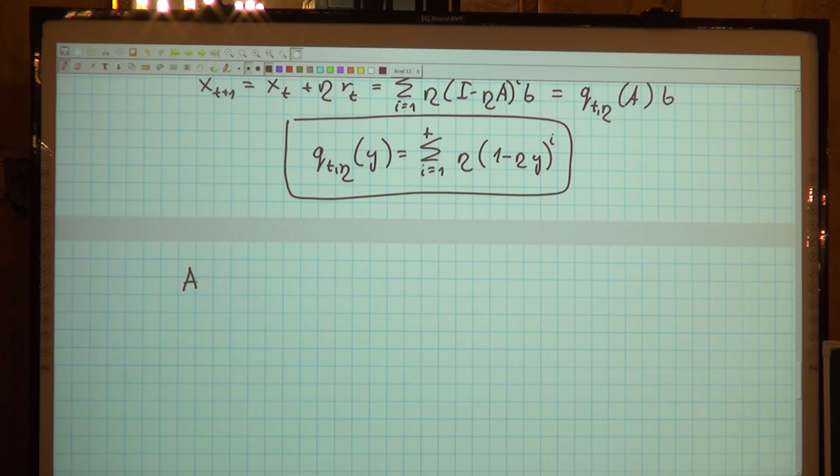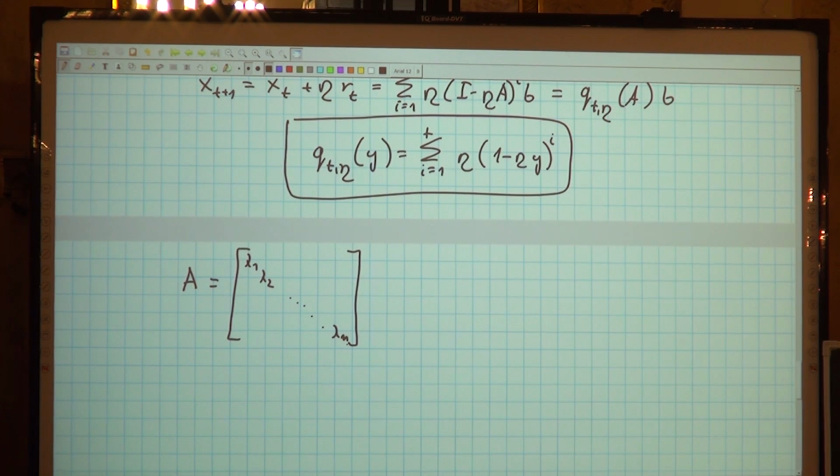Imagine that my description of the space is in terms of the eigenvectors of A. In this representation, A is a diagonal matrix: lambda 1, lambda 2, up to lambda n. In this very special basis, which depends on the matrix A, it looks very simple. This is the key theorem of linear algebra: you can diagonalize a matrix and describe it in these terms.